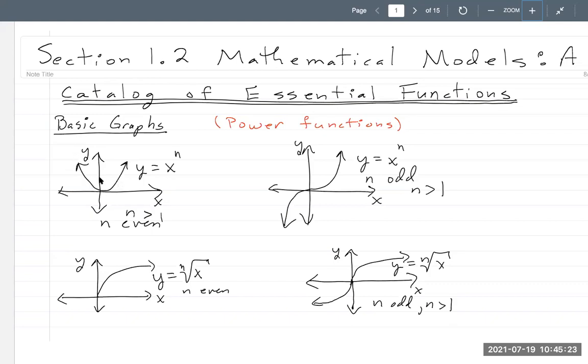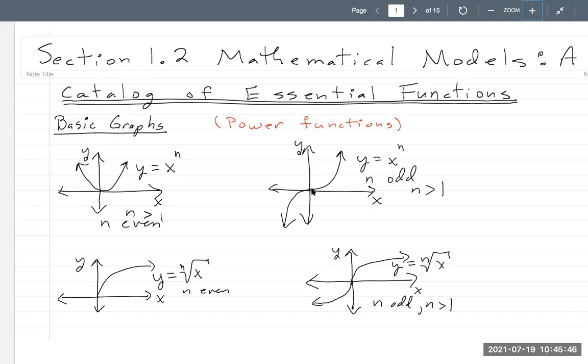If I have the graph of, let's say, y equaling x to the fourth, it will have this same sort of general shape, but it won't be quite parabolic. It'll be more, well, square-like almost. And say y equaling x to the 50th will look even more squarish.